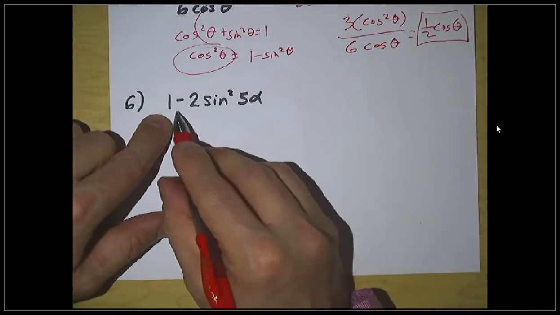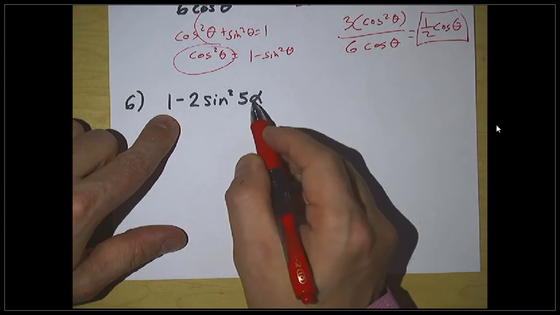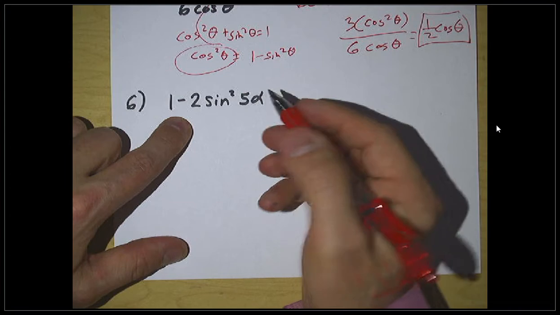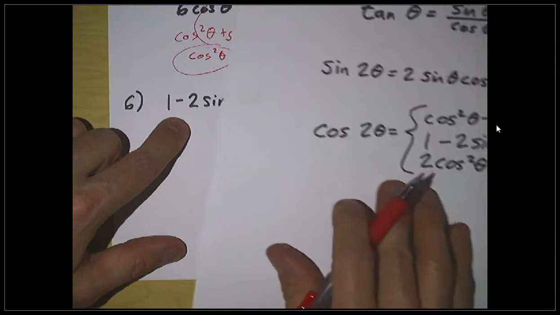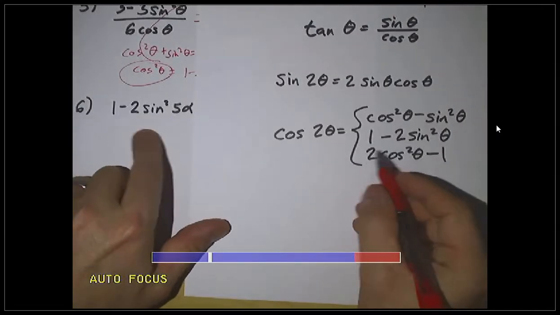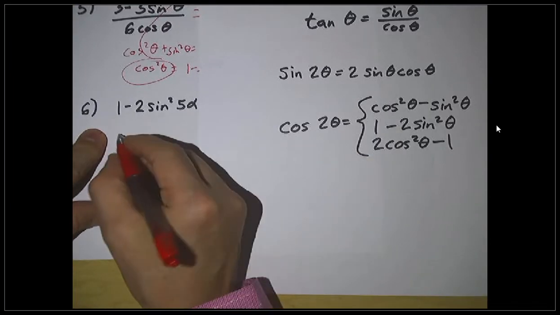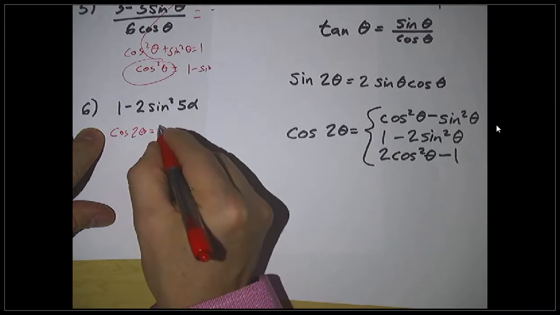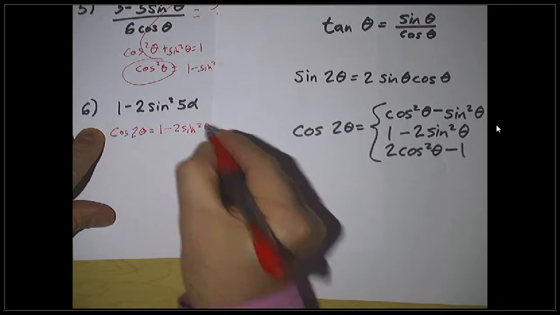The next problem, I have 1 minus 2 times sine squared 5 theta. I'm guessing that this is going to be more of a double angle identity. I'm going to look at my double angle identities, and it looks similar to this equation of cosine 2 theta equals 1 minus 2 times sine squared theta.